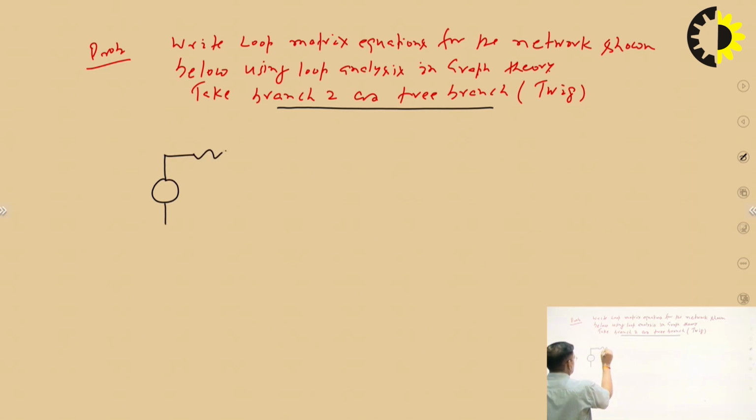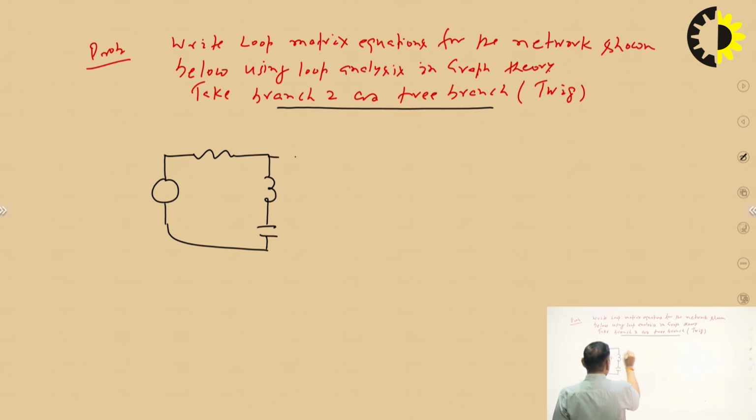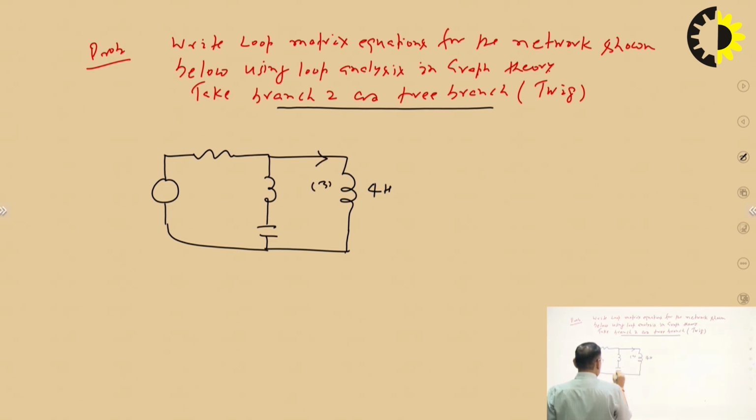This is 1 ohm. This is 4 Henry. This is your branch number 3. Direction of current is this, and there is the coupling between this and this, with M equal to 1 Henry.